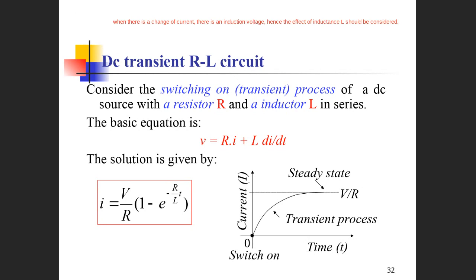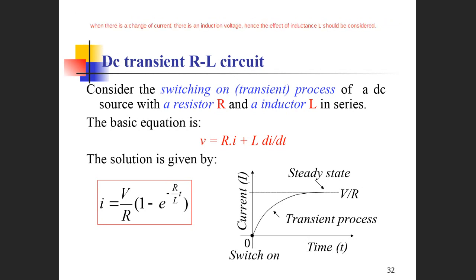So now slightly apart from the DC. As I just said, when there is a change of the current, there is an induction voltage, so the effect of the inductance L should be considered in the circuit.